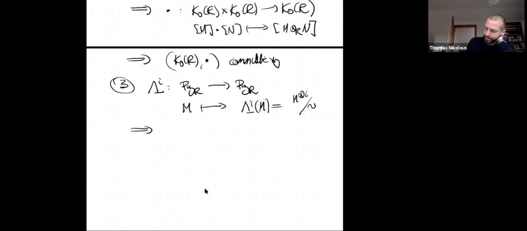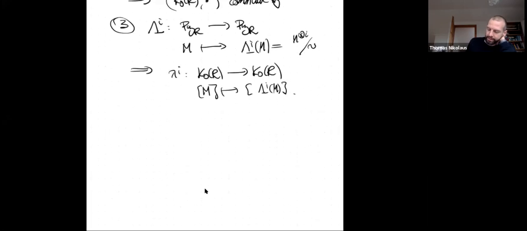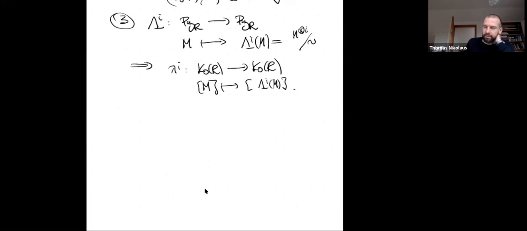And the claim is that this also gives me a map lambda i from K0 R into K0 R, a map such that the class of a projective module M is sent to the class of the i-th exterior power of M. And here, this is already a non-trivial claim, because maybe it's not so obvious what you would do with a class of a formal difference.